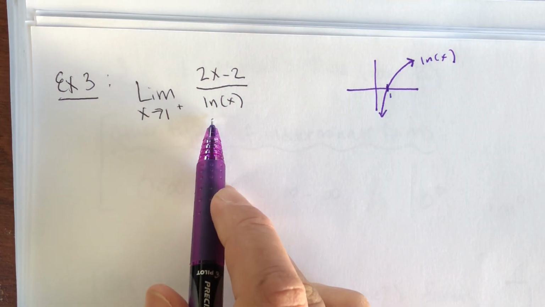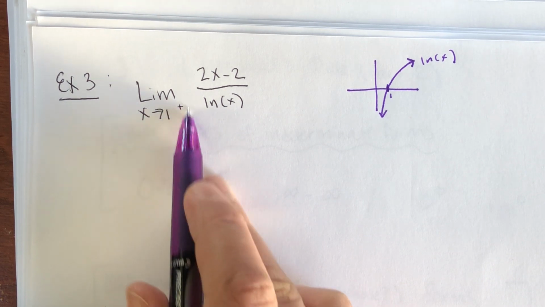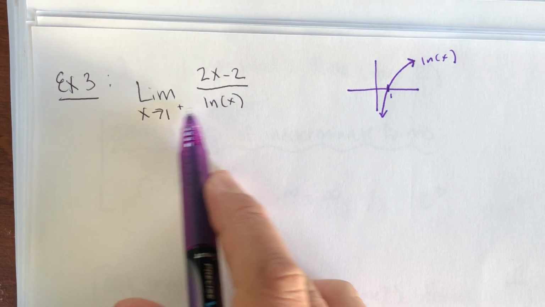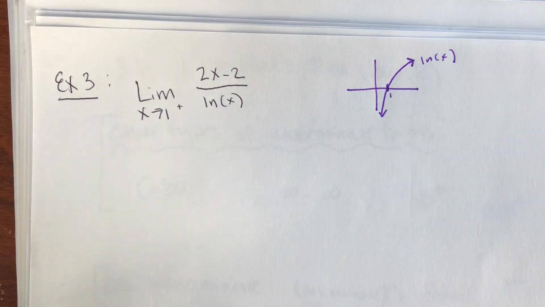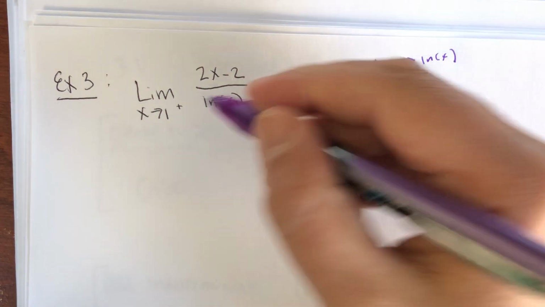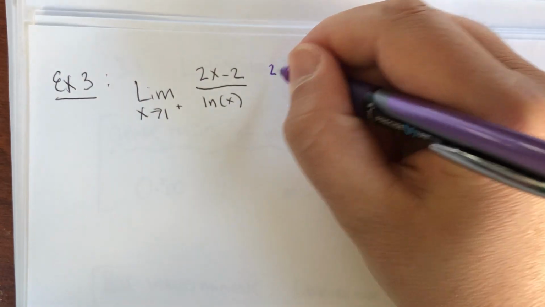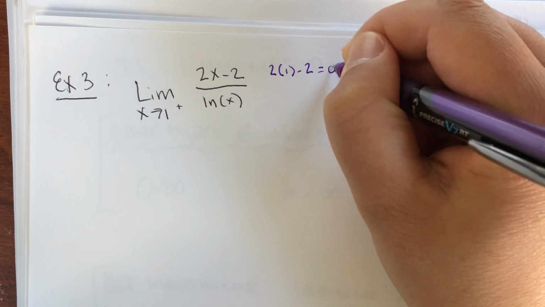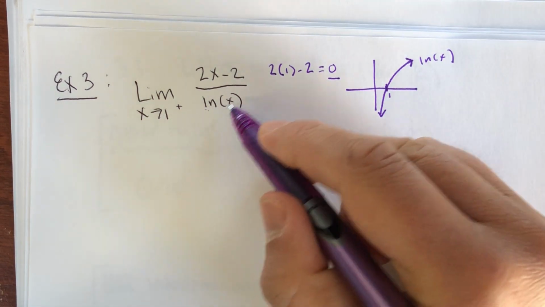What happens when we try to use direct substitution here? Well, if I plug in x equals 1, we're coming from the right, but it doesn't really matter here if we're just trying to figure out if it's an indeterminate form or not. Then we'd have 2 times 1 minus 2 on top, which is equal to 0. And on the bottom, we would have ln of 1.